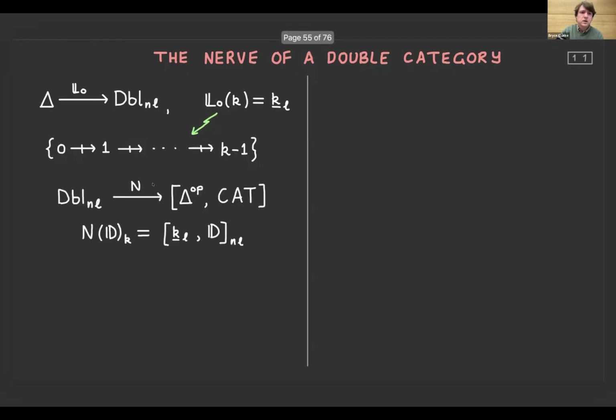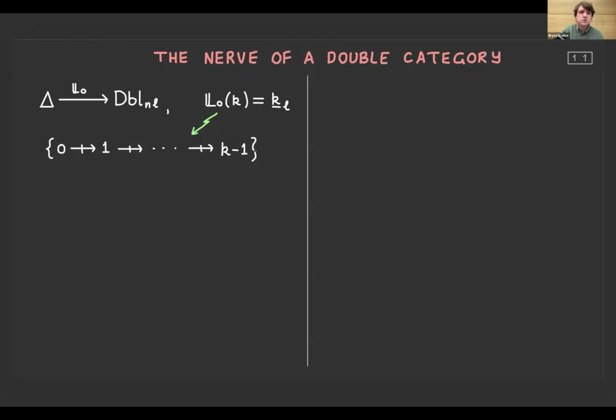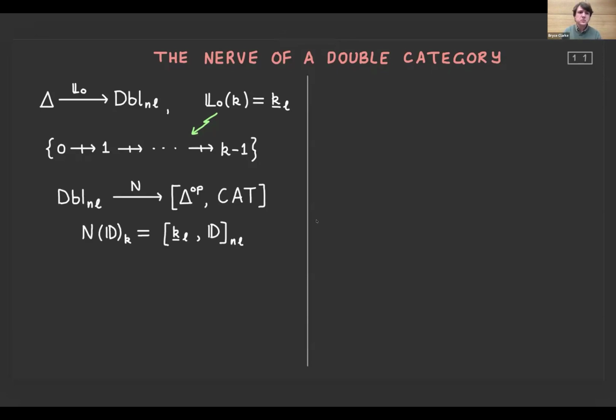Okay. And so given such a thing like this, we can get a nerve, okay, from this two-category of double categories and normal lax functors. It doesn't really matter what the morphisms are, into simplicial objects in Cat, okay, which is just given like this.